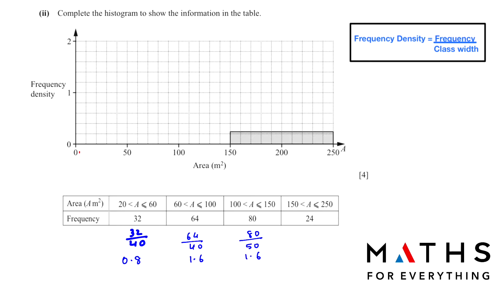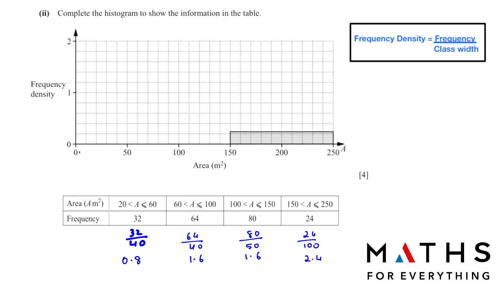And 250 minus 150 is 100. So 24 divided by 100 will give us 2.4. So now we found our frequency density. We have to use that to find our bars.